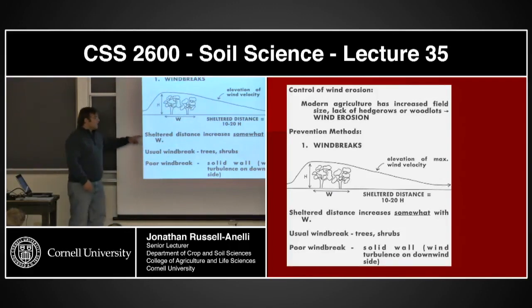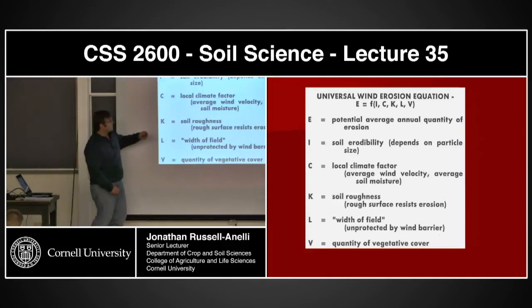Now, the sheltering distance increases somewhat with a number of things, water being another one. Going back to here, climate conditions, it's not just about what's going on with the wind, it's also what's going on with the surface.